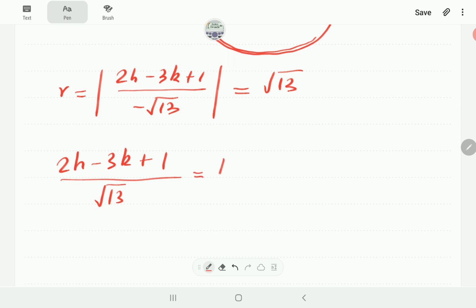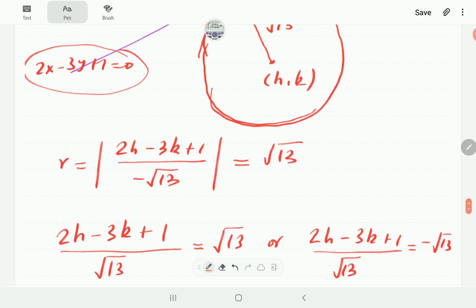So in the first case, this is going to be just square root 13. Then in the other case, we're going to have 2h minus 3k plus 1 over square root 13 equal to negative square root 13.